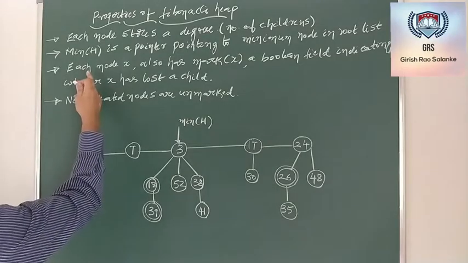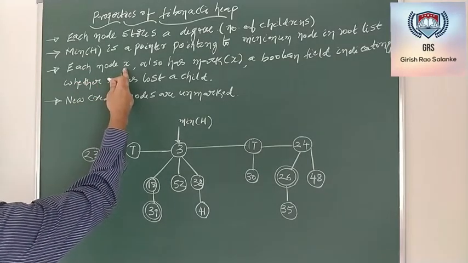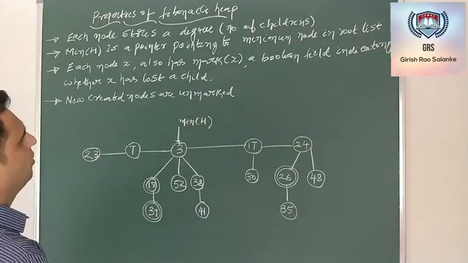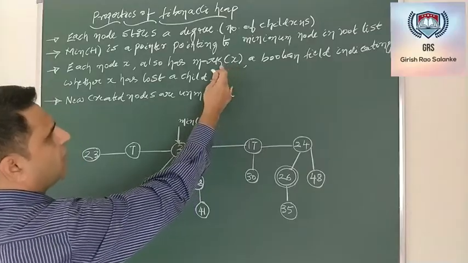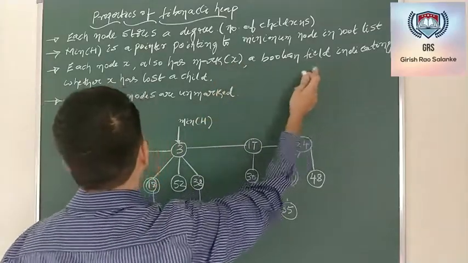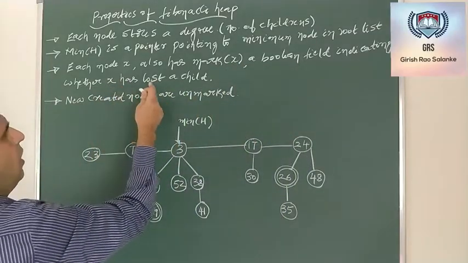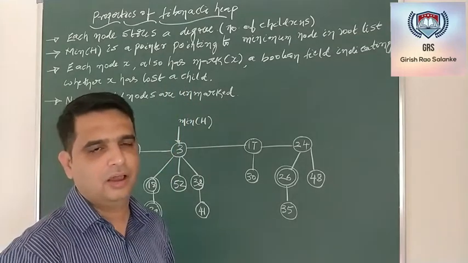Now, third point is each node x in a Fibonacci heap may also contain a mark of x. Mark of x is nothing but a Boolean field indicating whether x has lost a child or not.